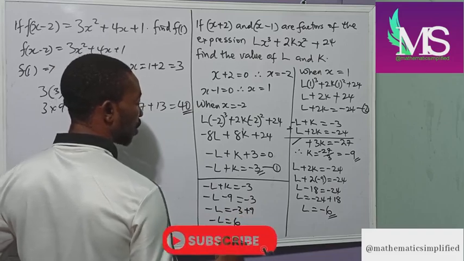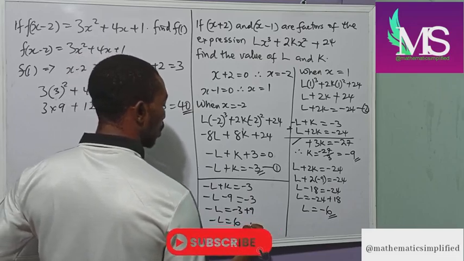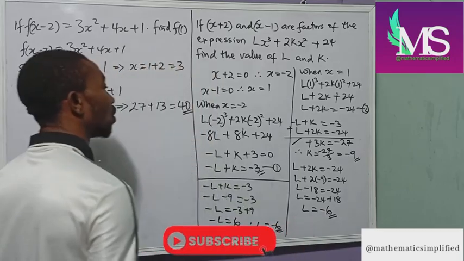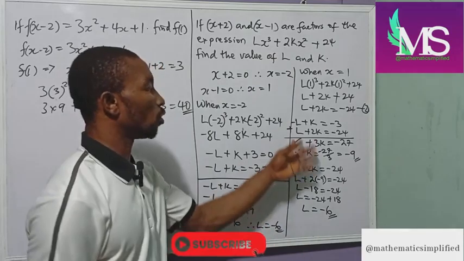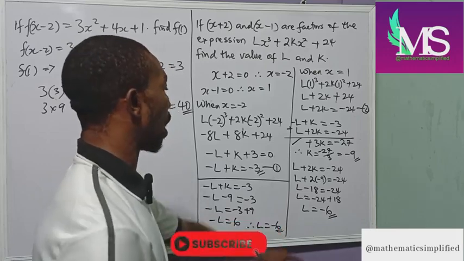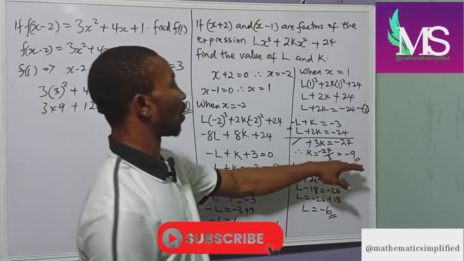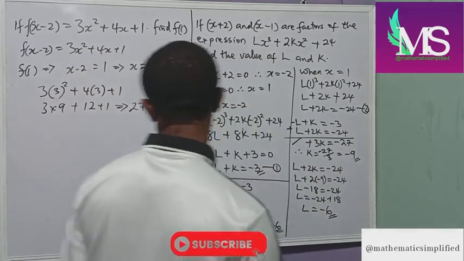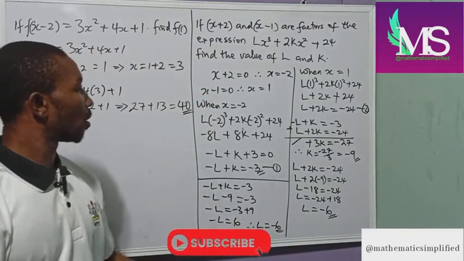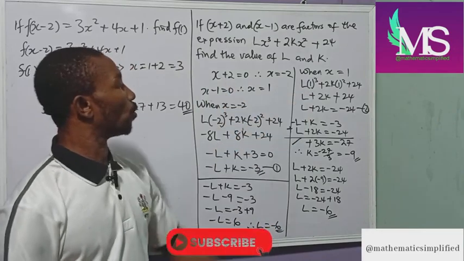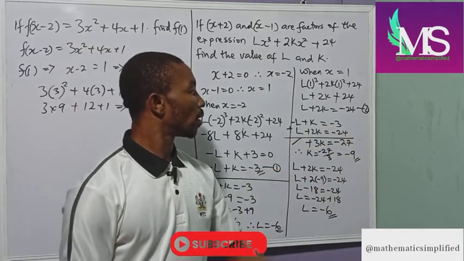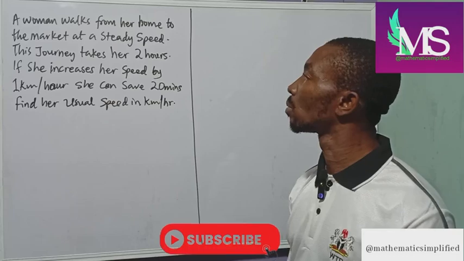So transferring the negative, it becomes L equals minus 6, which gives us the same value. So whichever of these you use, you should still get the same value. So we can see that we've solved this: the value of our L will be minus 6 and the value of our k will be minus 9.